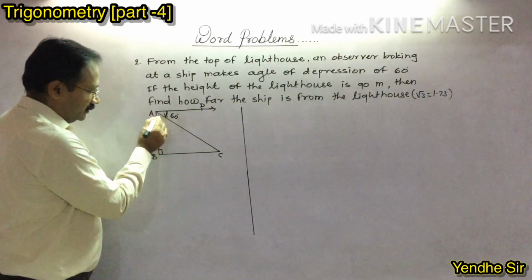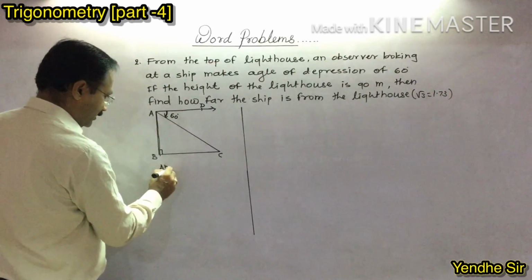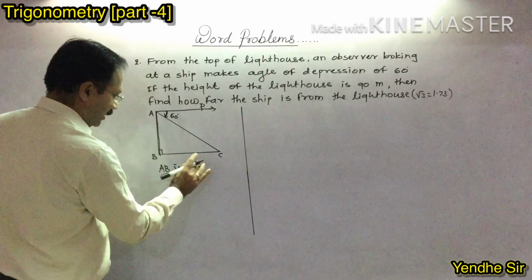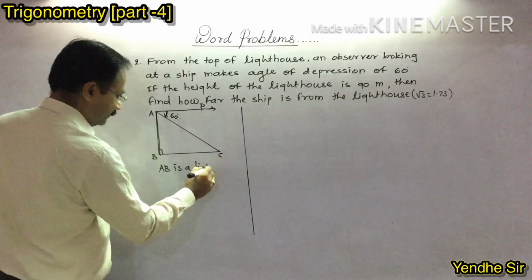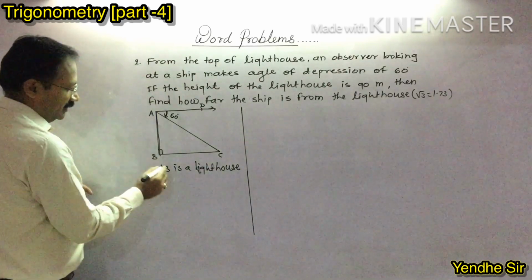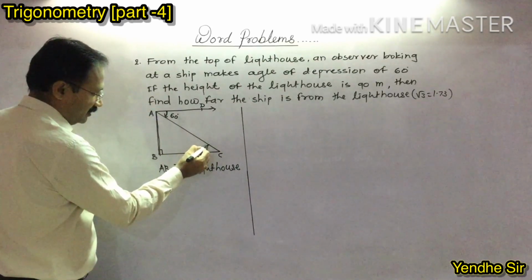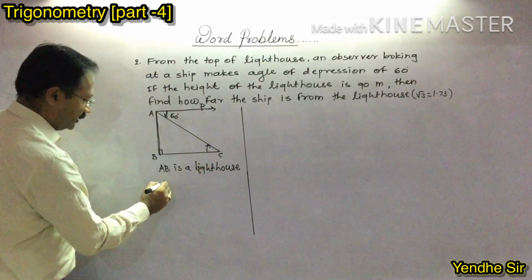We know that AB is a lighthouse. So I am going to write it here. AB is a lighthouse. Okay, and after that we know that this angle and this angle are alternate angles. So you have to write it.